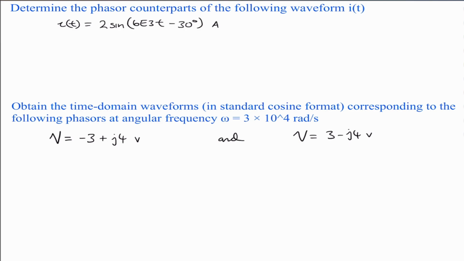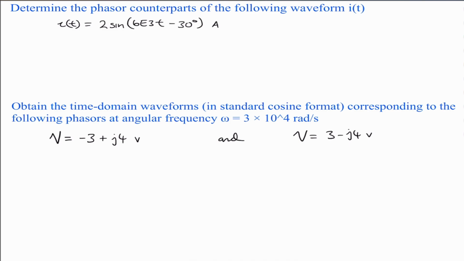So the first problem, we have the signal I of t, which is a current signal in the sine form. We're asked to determine the phasor counterpart of the following waveform, I of t. We know that we've adopted the positive cosine form in sinusoidal signals.